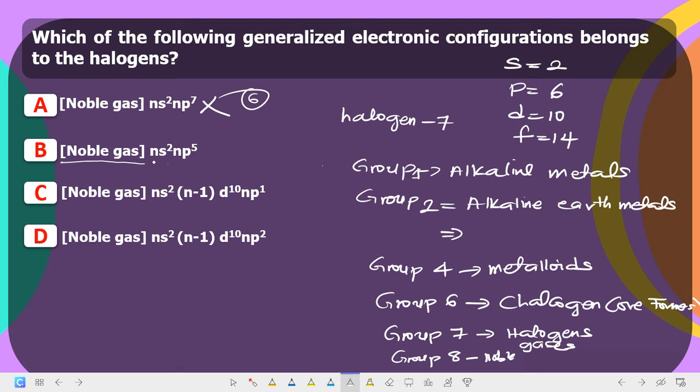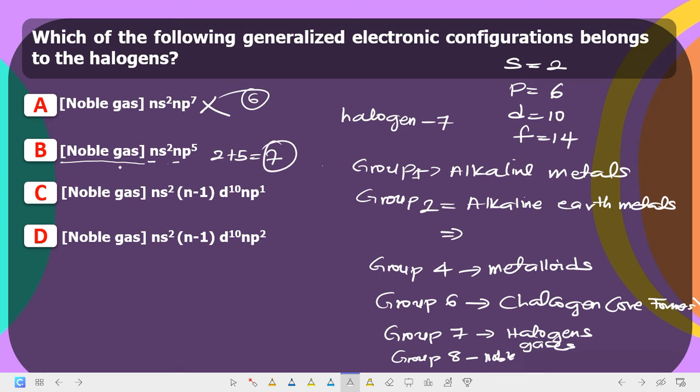Whenever you have something like this, in such a way that there is n here and n here, they are the same. It means that the energy levels and the shells are the same. If the energy levels are the same, that means they are in the same outer energy level. Hence, you should add the number of electrons here. So this will give us 2 plus 5, and that is 7.